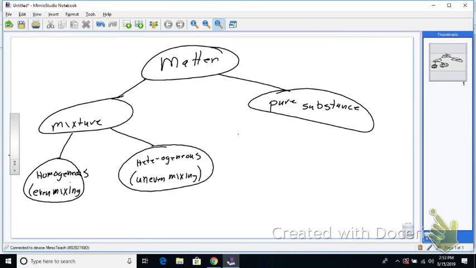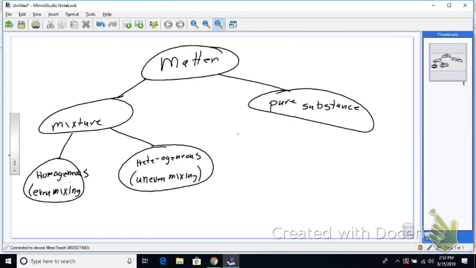Even distribution is really tough to show, but I'm going to have you do an activity where you look at pictures of particles and molecules and determine if it's an even mix or an uneven mix. Most things are an uneven mix.